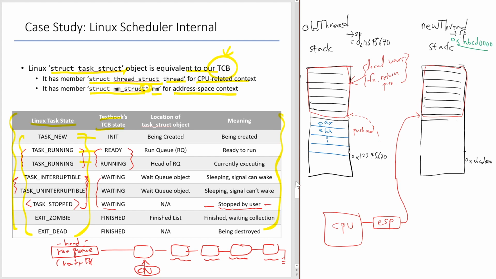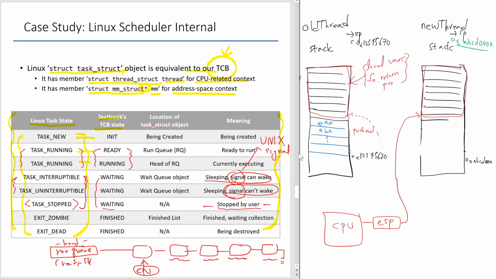The difference between these two is that in TASK_INTERRUPTIBLE, a signal can wake the task, and in TASK_UNINTERRUPTIBLE, a signal cannot wake it. The signal here refers to the Unix signal, sent by the kill system call. It's confusing terminology, but the signal in this context refers to the Unix signal, not the condition variable signal.